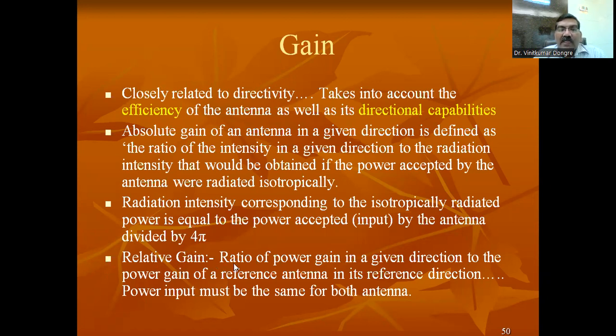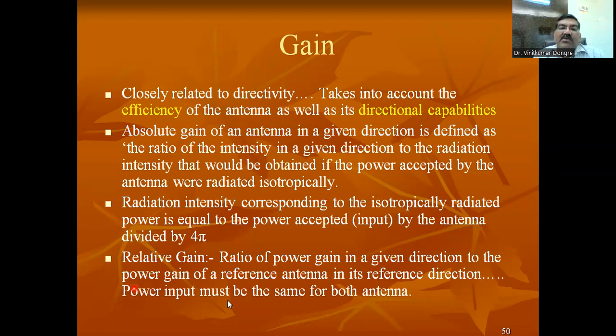What is relative gain? Relative gain is given here. It is the ratio of the power gain in a given direction to the power gain of a reference antenna in its reference direction.